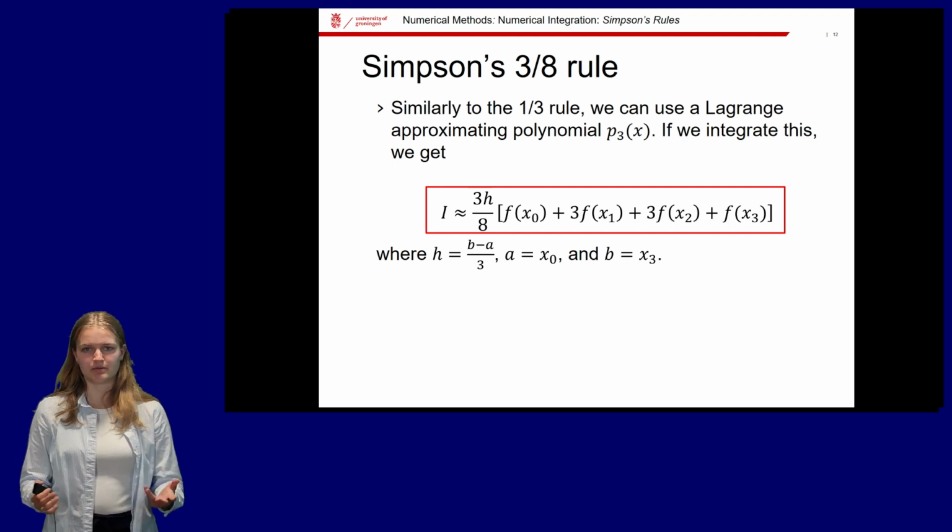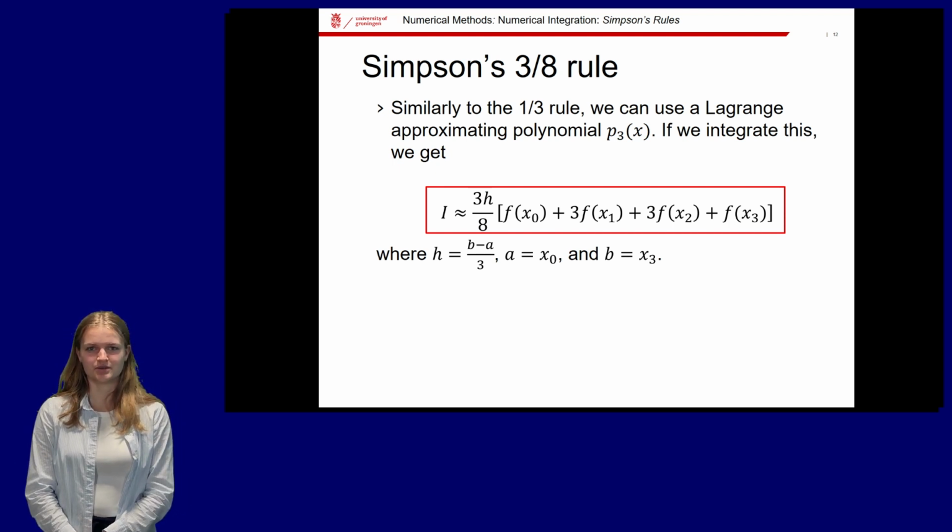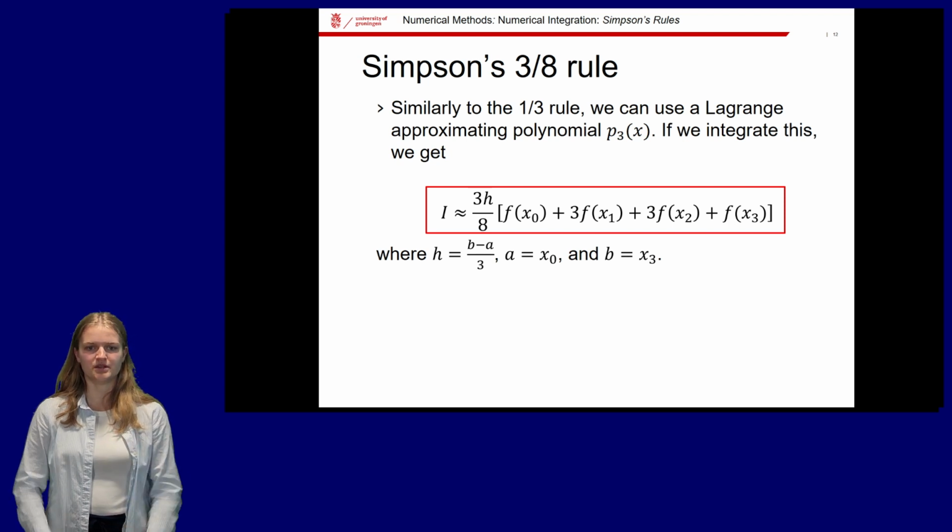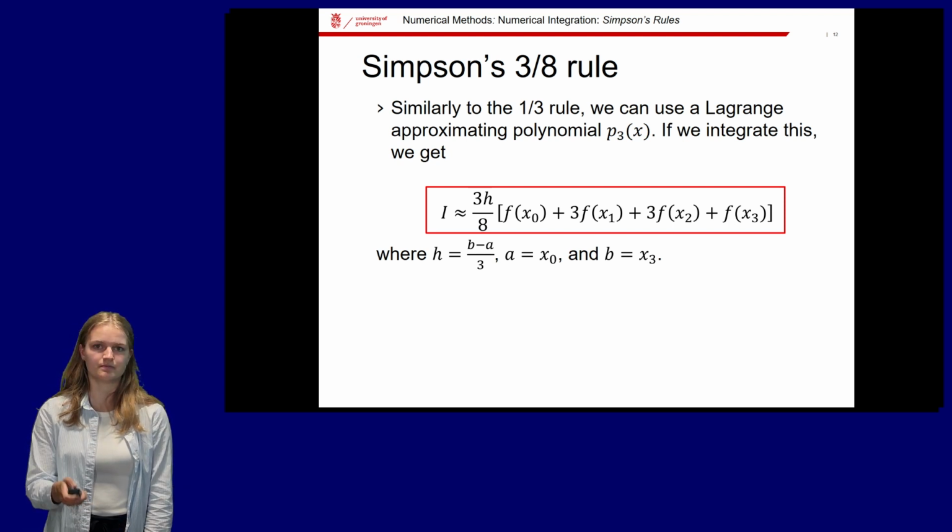And as you can see, the name comes again from the fact that you multiply h with 3 over 8. And here the step size h is going to be equal to b minus a over 3, with a and b the endpoints, x0 and x3, and x1 and x2 are intermediate points in the interval.